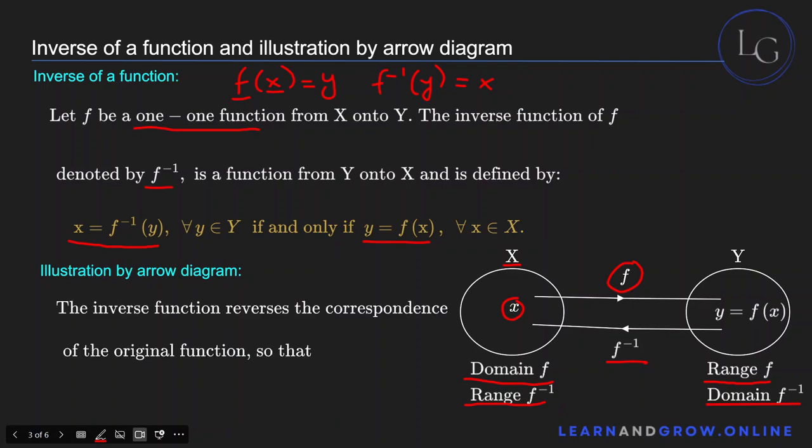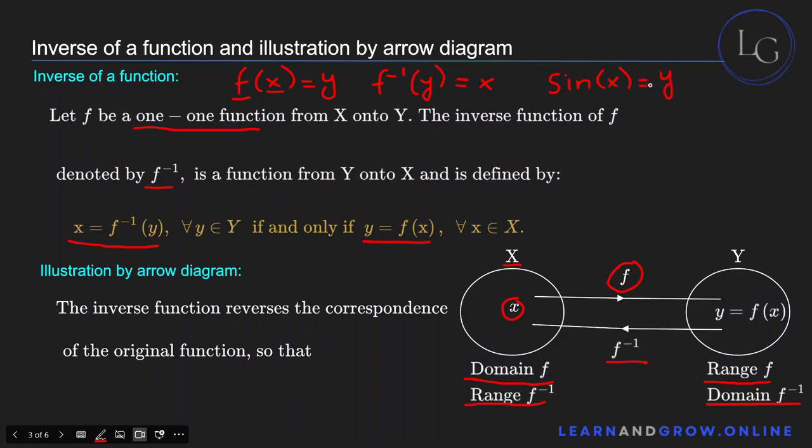So the inverse function reverses the correspondence of the original function. That is what I told you earlier. F of x is equal to y, so f inverse of y is equal to x. Another very good example of this is the sine function. You know that sine of x is equal to y.